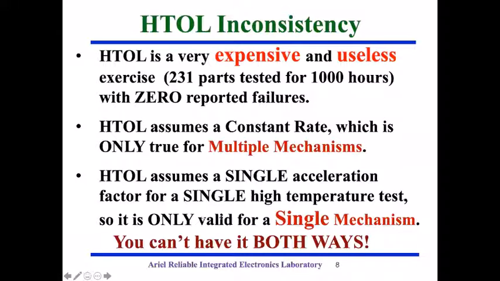So it is only valid for accelerating a single mechanism. So you can't have it both ways. You can't both assume that it is a constant rate, which implies multiple mechanisms, and also use the acceleration factor for a single mechanism. You can't have both of these factors.